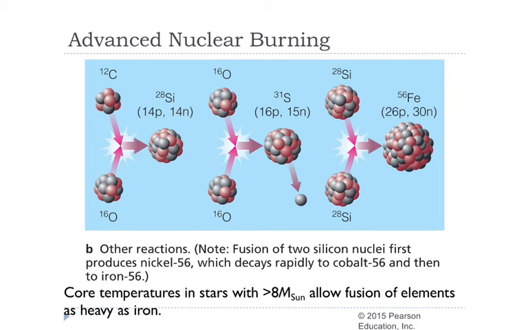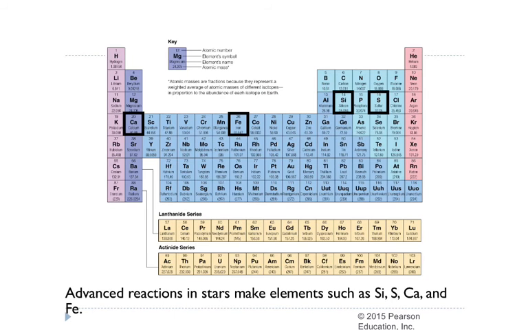And then for stars that are even more massive, we're talking about over 8 solar masses here, we could have advanced nuclear burning. And so this will actually capture some of those carbons and oxygens will merge together, and we could create elements all the way up to iron.